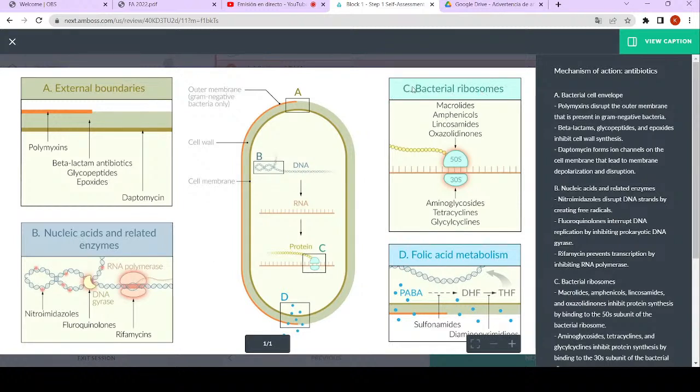Then in the bacterial ribosomes, here, macrolides, amphenicols, lincosamides, oxazolidinones in the 50S subunit, and in the 30S subunit, aminoglycosides, tetracyclines, glycylcyclines.